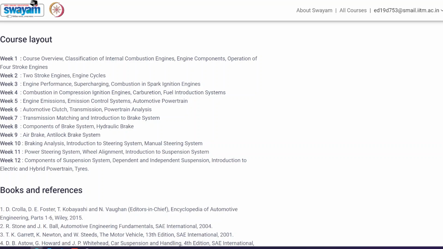Engine detonation refers to spontaneous combustion of the remaining air-fuel mixture after the normal spark ignition is completed.